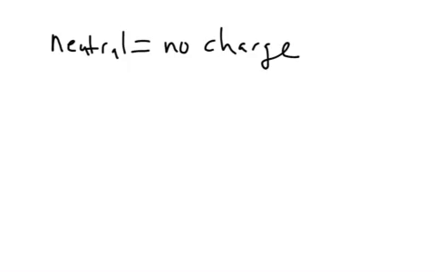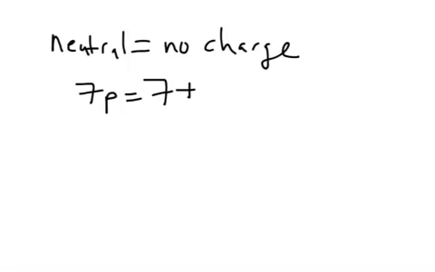For all neutral atoms, which we're going to assume for right now that all atoms on the periodic table are neutral. Neutral essentially means that it has no charge. And so if an element has 7 protons, that's like having 7 plus charges.